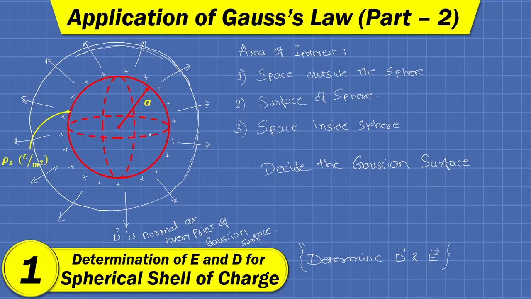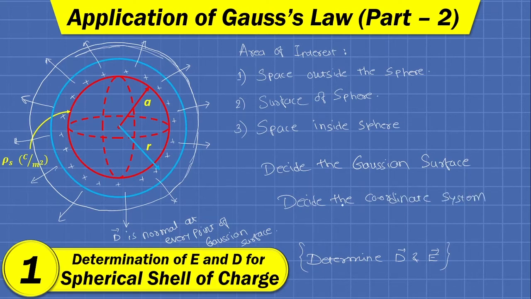The spherical shell is real but the Gaussian surface is an imaginary surface, and the majority of real and fictitious surfaces are spheres.